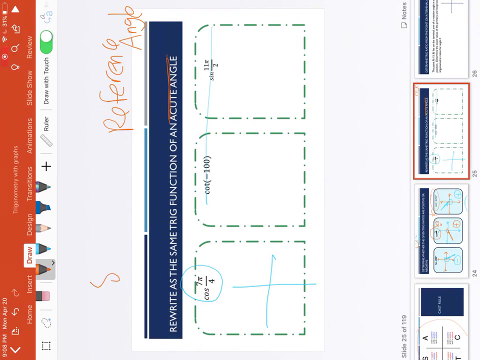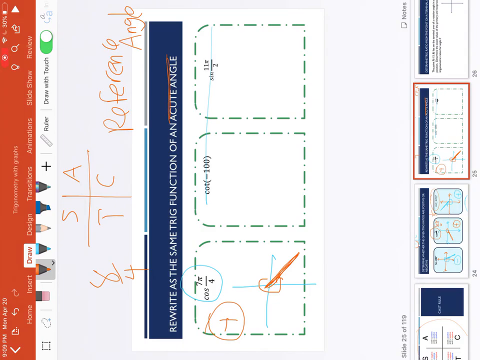I know 8 over 4 would be 2 pi. 7 pi over 4 is just a little bit, not quite at 2 pi. So my terminal arm is going to be right here. Okay, so I'm in quadrant 4. Using the CAST rule, we'll draw that out again, we know in quadrant 4 that our cosine should be positive. So I'm going to write a positive here.